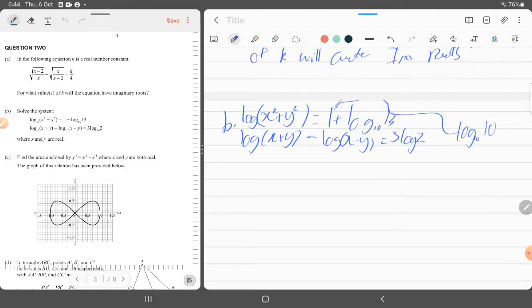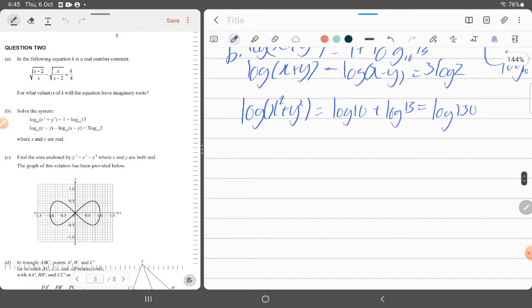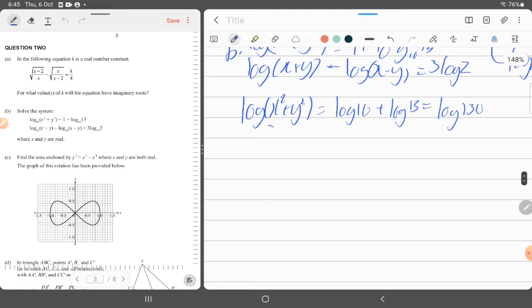All of these will have a base of 10, so log x squared plus y squared is equal to log 10 plus log 13, and basic log rules, so these multiply, so log 130. Which creates the equation of x squared plus y squared equals 130.